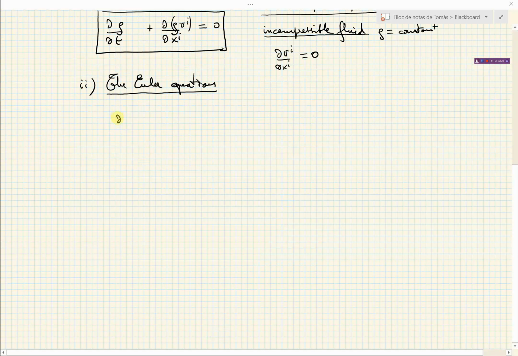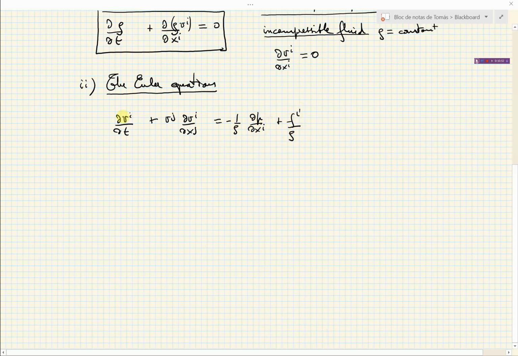And then we explain exactly how it works or how it can be argued that it has this form. So it is partial vi partial xj equal to minus 1 over rho partial p over partial xi plus fi divided by rho.